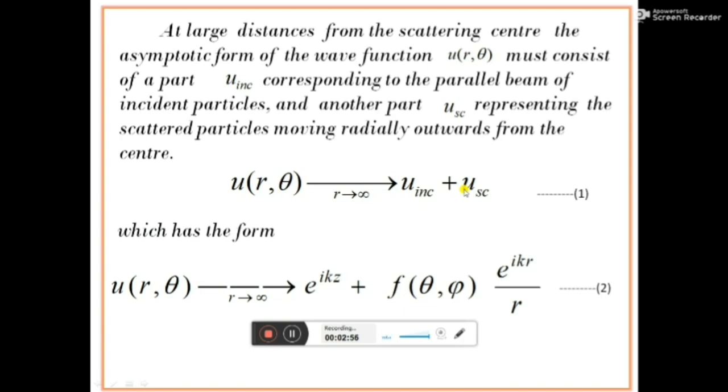Therefore, there is a 1 by r dependence, and f of theta phi is the proportionality constant. Therefore, u scattered is nothing but f of theta phi e power ikr divided by r. Thus, the form of u of r theta when r tends to infinity in the case of elastic scattering is given as in equation 2.